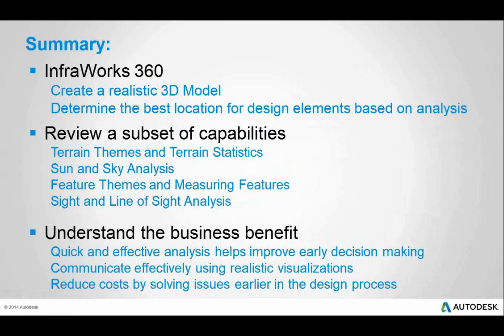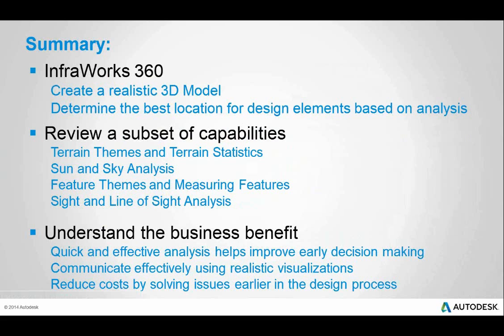So in summary, we've created a very realistic 3D model using both Model Builder and external data sources such as Recap 360. We can also use those tools to determine the best location for design elements based on analysis.